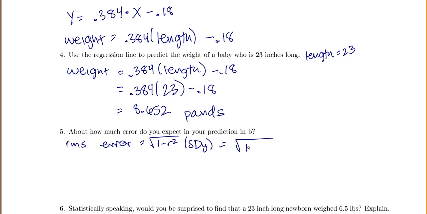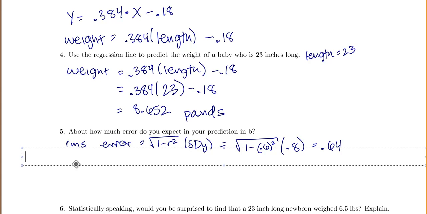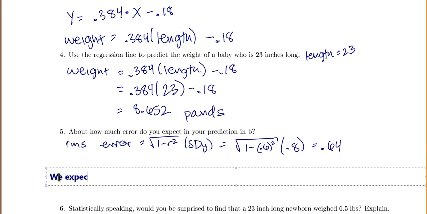So the square root of 1 minus 0.6 squared times the standard deviation of y, which is 0.8, and this gives me 0.64. So we expect about 0.64 pounds of error in our prediction.